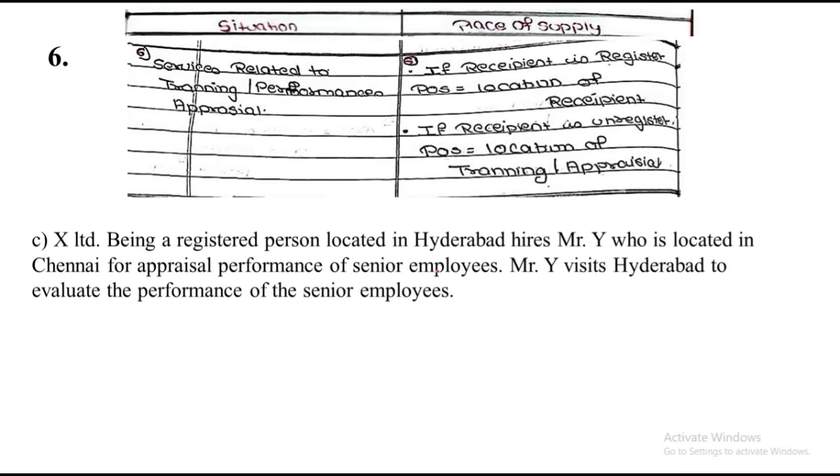Now here it is given that X, being a registered person located in Hyderabad, hires Y, who is located in Chennai, for appraisal of his senior employees. Now the recipient is a registered person. The recipient is Mr. X. He is registered, and as per the rule, if the person is registered, the recipient's location will become your place of supply. So in this case, Hyderabad will be the place of supply. Again, very simple. According to the rule, you just have to note down the situation, note down the rules, and just read it once.